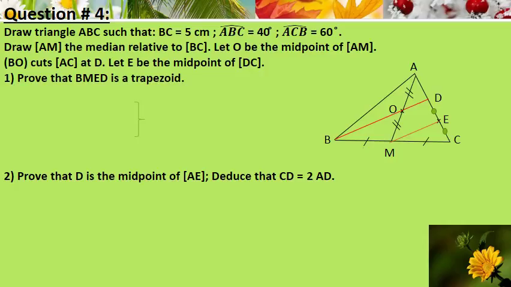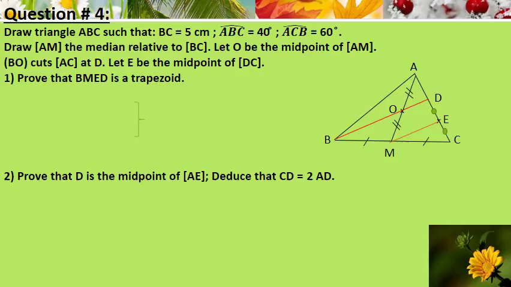Let O be the midpoint of AM. When we assign O the midpoint of AM, we write OA is equal to OM. We join BO, it will cut AC at D. Okay, D is any point on AC. So let E be the midpoint of DC. Also, we put a sign that DE is equal to EC because this will be useful in our solution, okay?